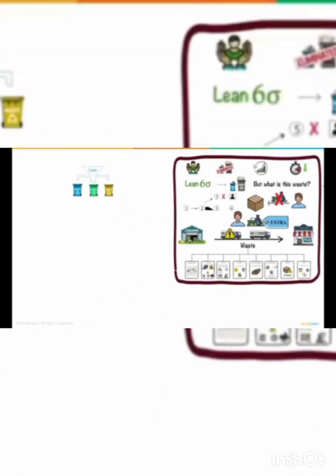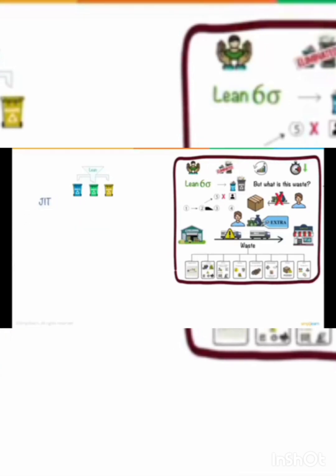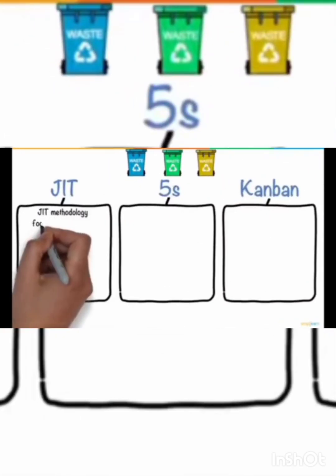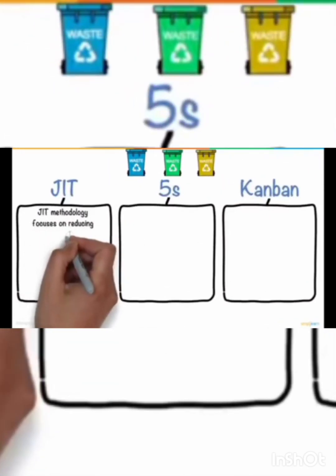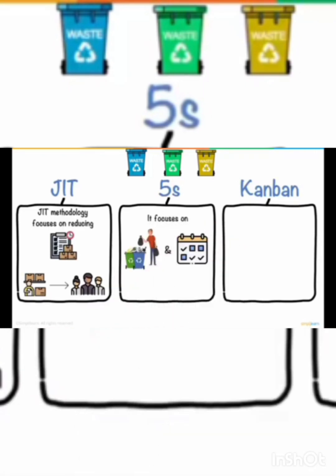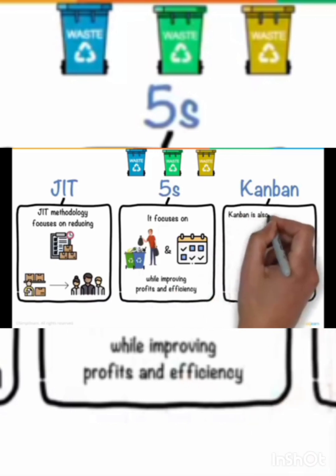Coming to Lean, we may use lean methodology to identify and handle different levels of waste. Some of the most popular and effective ones are JIT, 5S, or Kanban. JIT focuses on reducing the amount of time a production system takes to provide an output, and the response time from supplier to customer. 5S is another methodology that focuses on cleanliness in the organization while improving profit and efficiency.